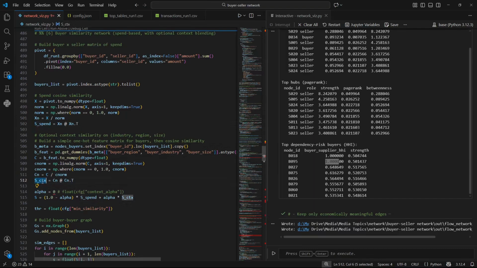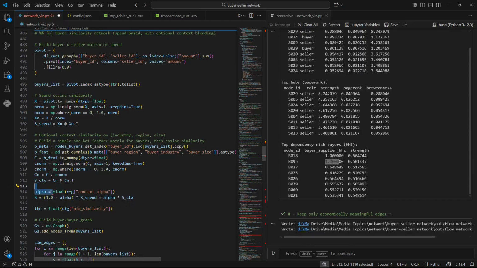This is based on the other features, right? So this is closer to the clustering notion outside network. And then we have this alpha, which is defined in the config JSON that we had, that gives us this weight, right? How much you want your similarity based on the network and based on the other features.